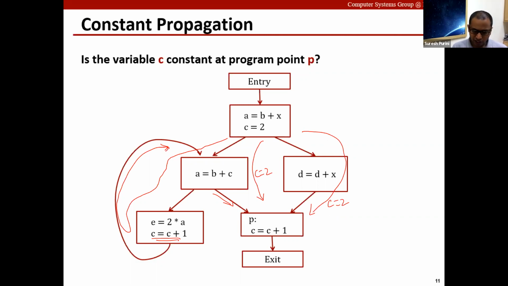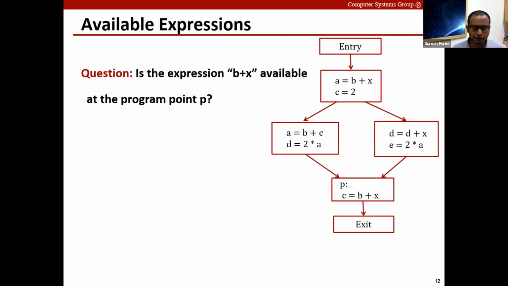These things which we are trying to understand through examples, we have to come up with algorithms which can do this analysis automatically, and help the optimizer or the transformation pass with all this information, so that the transformation pass can use this information to do suitable program modifications. Now we will see one more kind of optimization and the analysis which enables it.